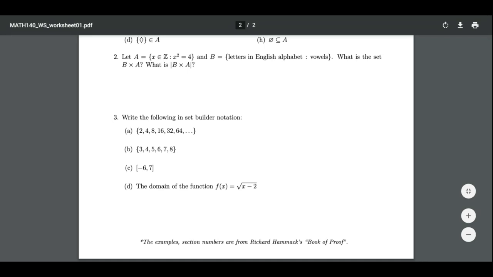We are doing B cross A. Lino, you are doing A cross B, right? So we're doing B cross A. So Lino is almost right. Lino's answer is for A cross B. But the question is to find B cross A.